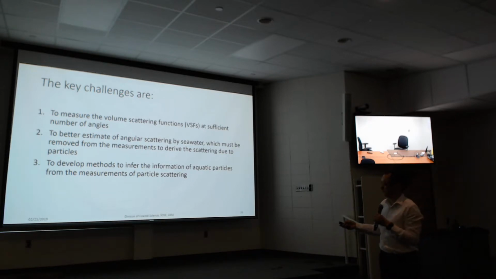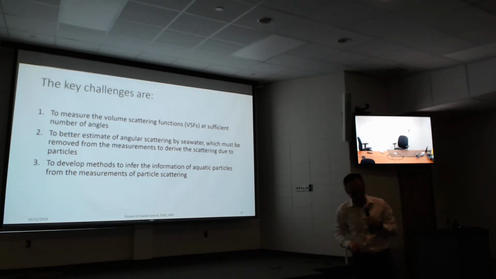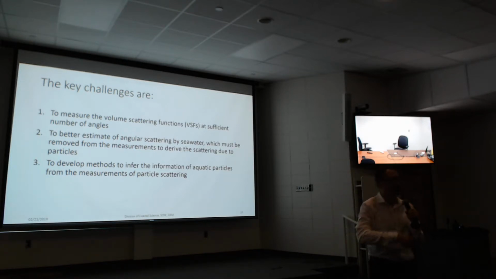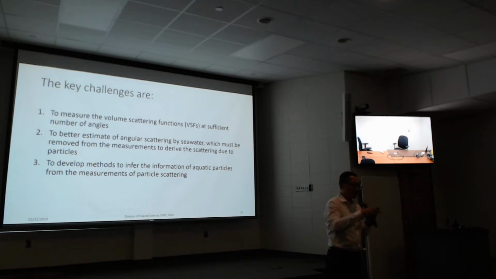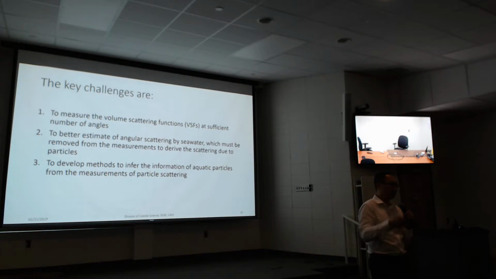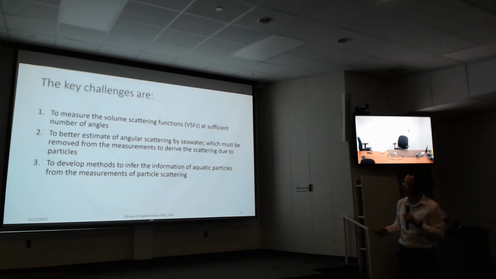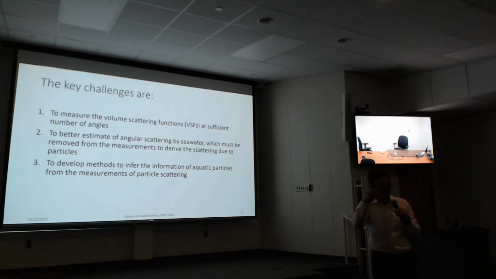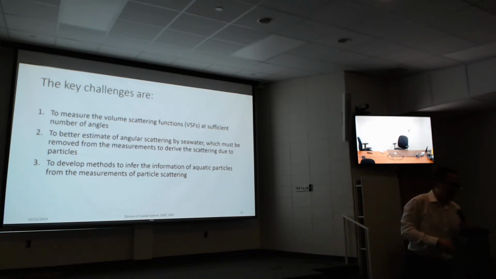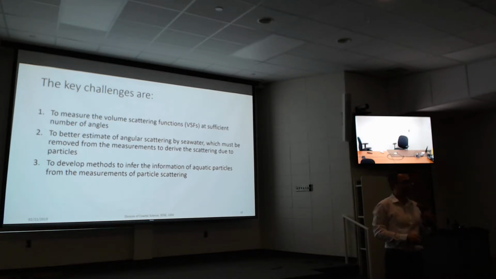So we have to know the seawater very well. In the vast majority of the ocean, the clear oceanic water, the scattering by water is much greater than the scattering by particles, so it's important to remove this part of the scattering if you want to study particles. And the last challenge is, once we have these many-angle measurements, we have to be able to construct the picture.